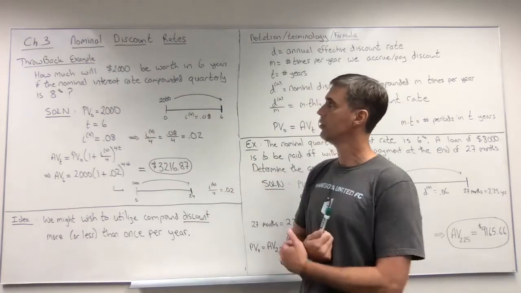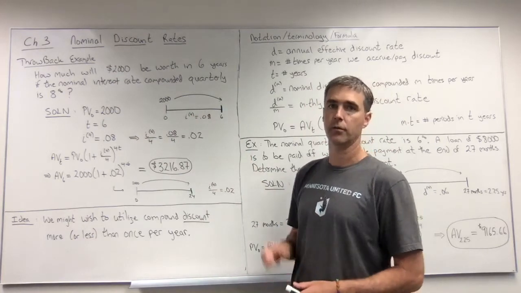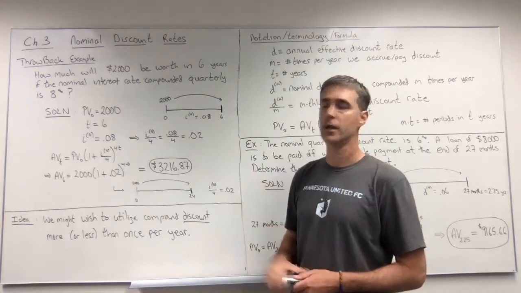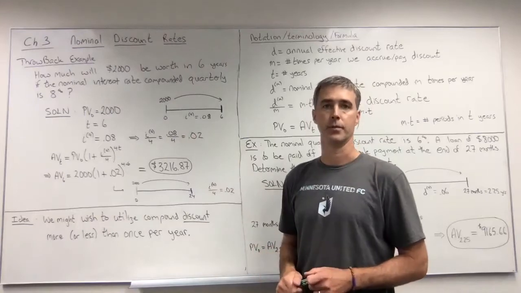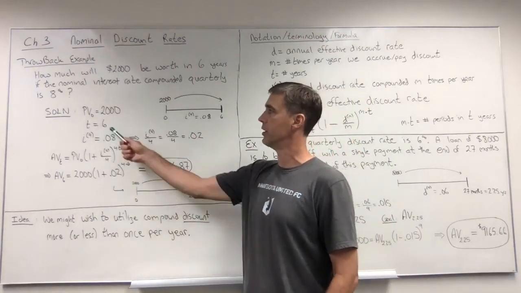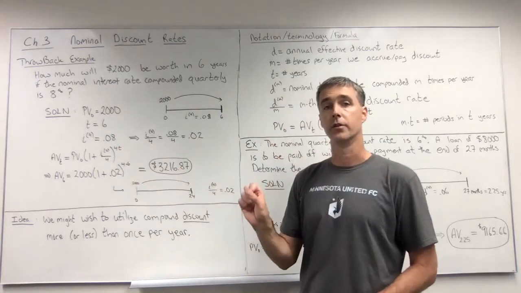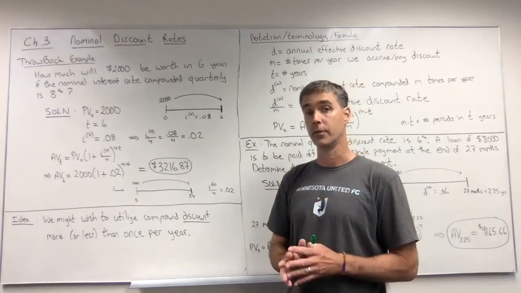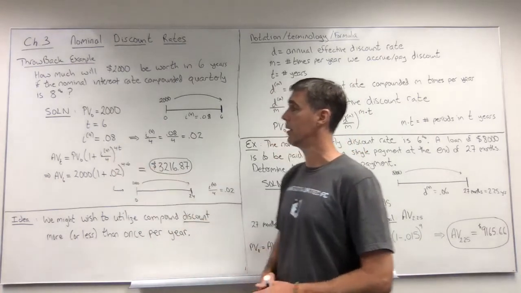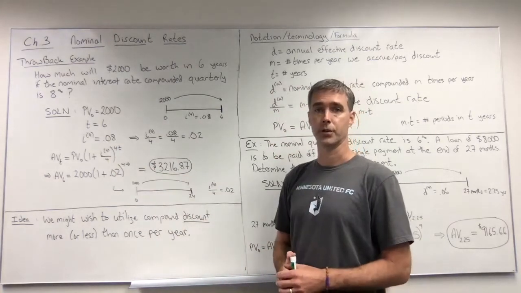My nominal interest rate compounded quarterly, the notation of which would be i superscript (4), is 8%, 0.08. I've listed the number of years, and I don't have to say years because our default measurement for time is years from now on.